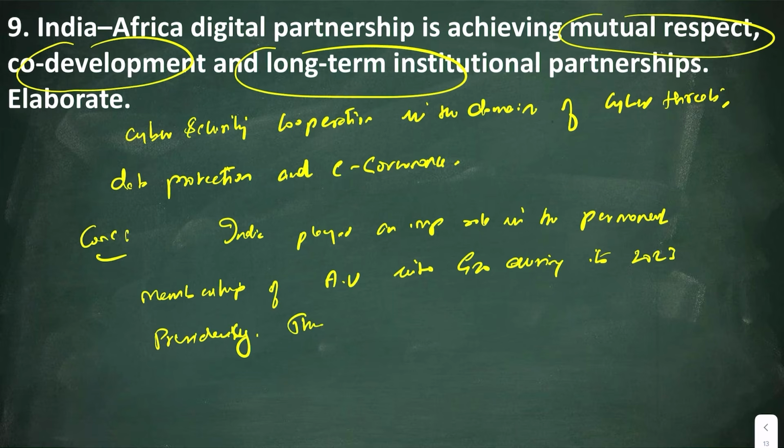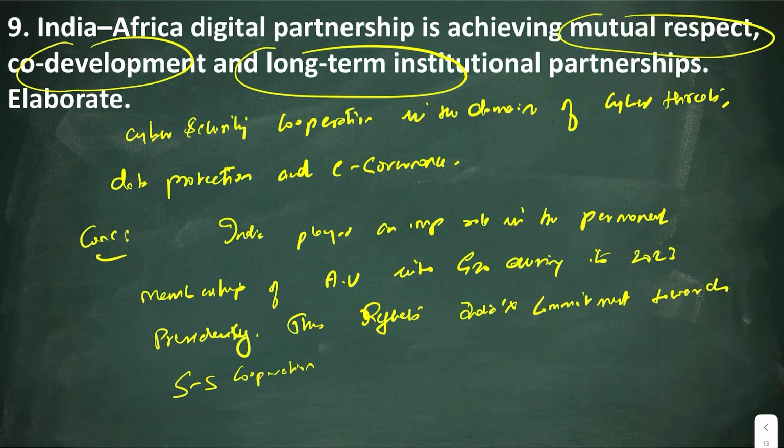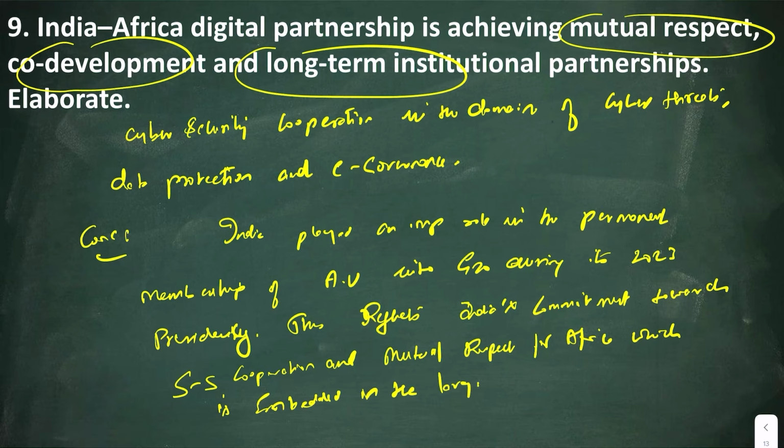This reflects India's commitment towards South-South cooperation and mutual respect for Africa, which is embedded in the larger vision of global equity. Okay, so this is how you can conclude in a forward-looking manner.